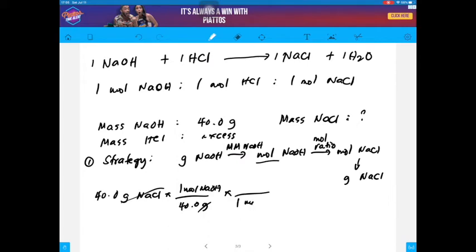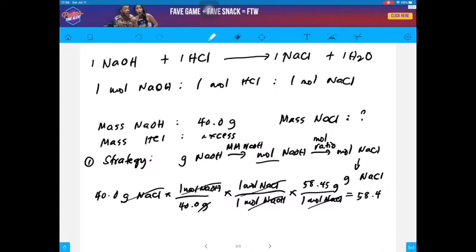Then we can now use the mole ratio from the balanced chemical equation: 1 mole of sodium chloride is to 1 mole of sodium hydroxide. And finally, cancel out the unit and we'll convert the moles of sodium chloride to mass of sodium chloride using the molar mass. Finally, cancelling all the units, we get the final answer, which is 58.45 grams of sodium chloride.